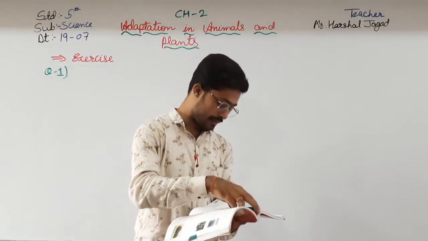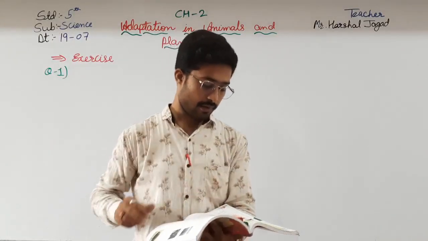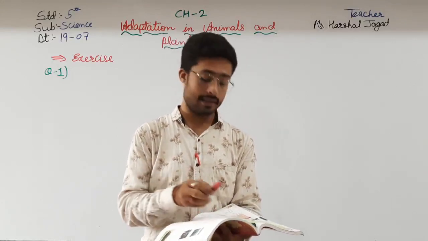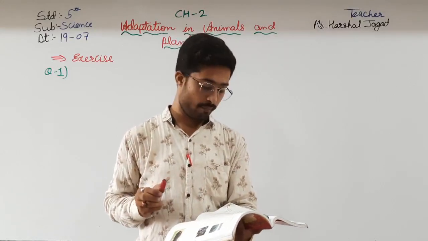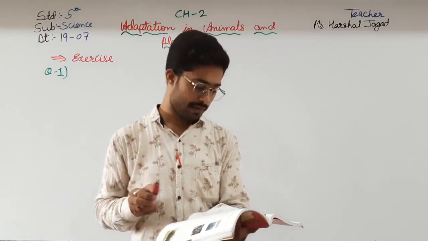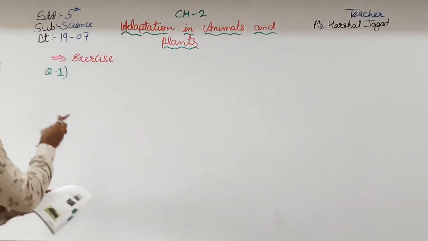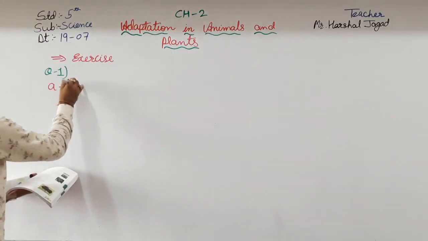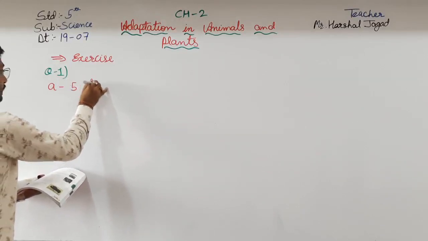So in that you can see column A and column B are given. The first one is cactus. So cactus is where? Polar region, powerful kick, flat topped trees, coniferous trees and desert. So here it will be A, fifth, that is desert.